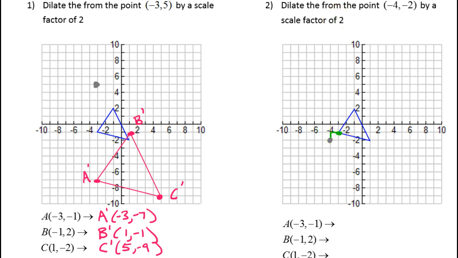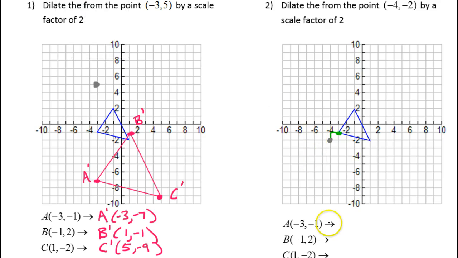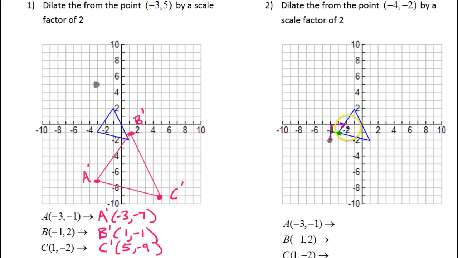So since the scale factor is 2, if I want to get to the point A prime, I'm going to have to double that motion. So instead of going up 1, right 1, I now will go up 2, right 2. So this should be the location of A prime right here.